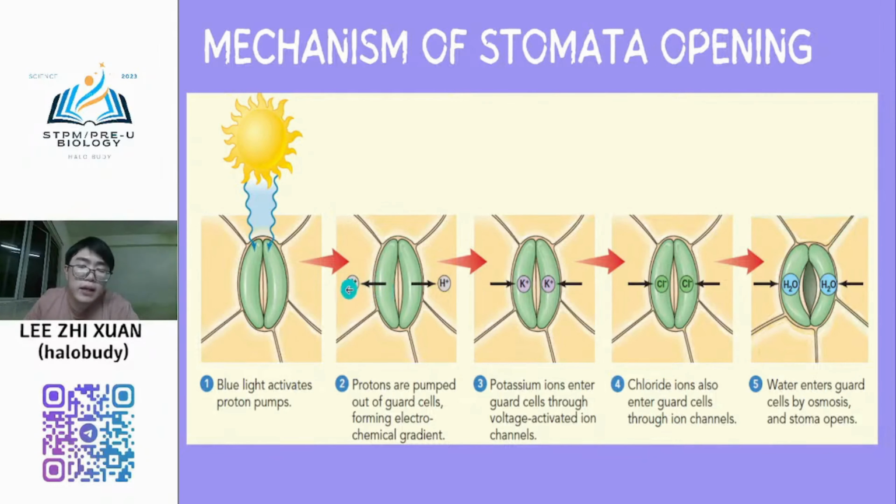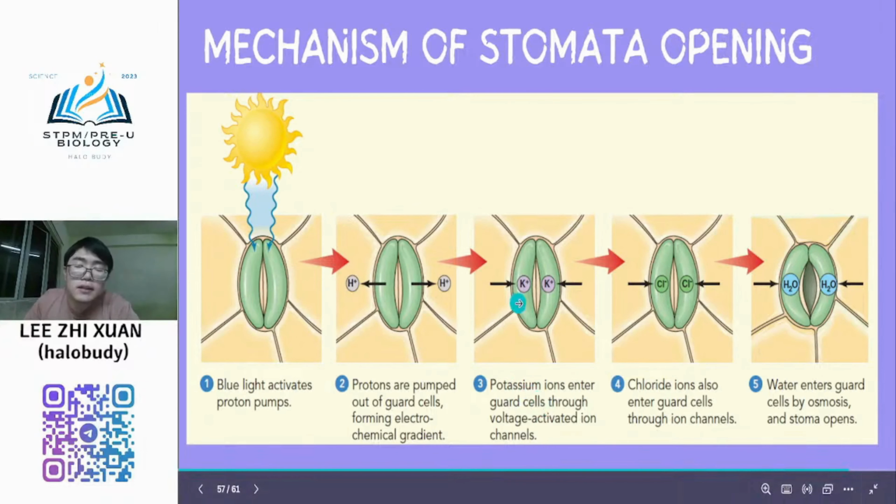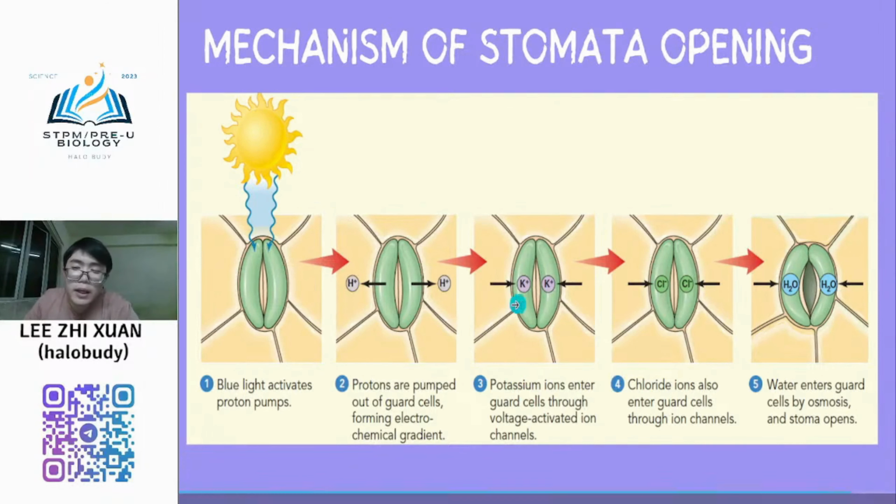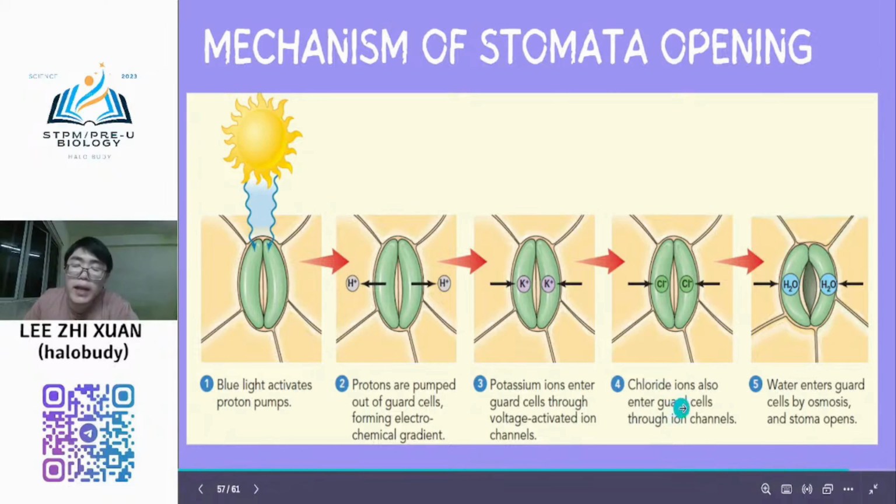Once the hydrogen ions have come out, another type of ion, the potassium ion, will enter the guard cells. At the same time, chloride ions will also enter the guard cells.